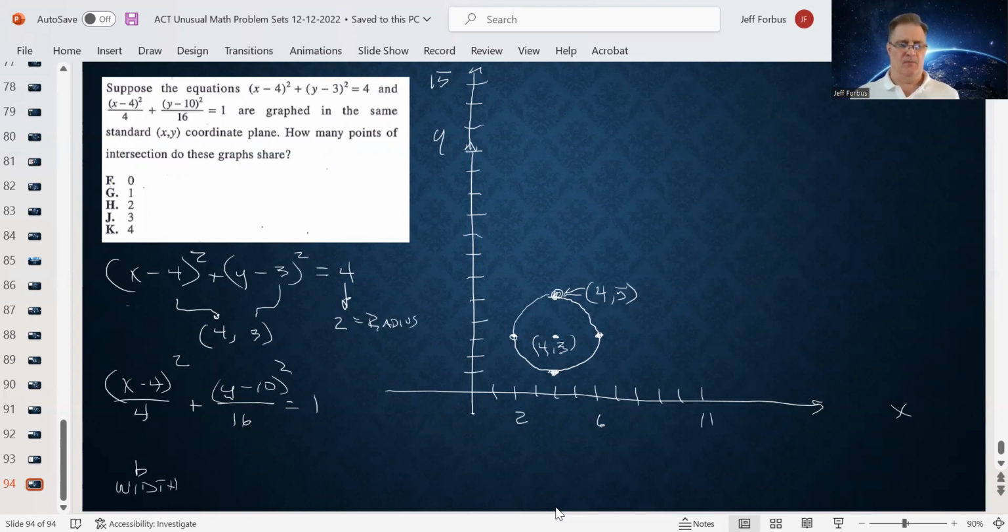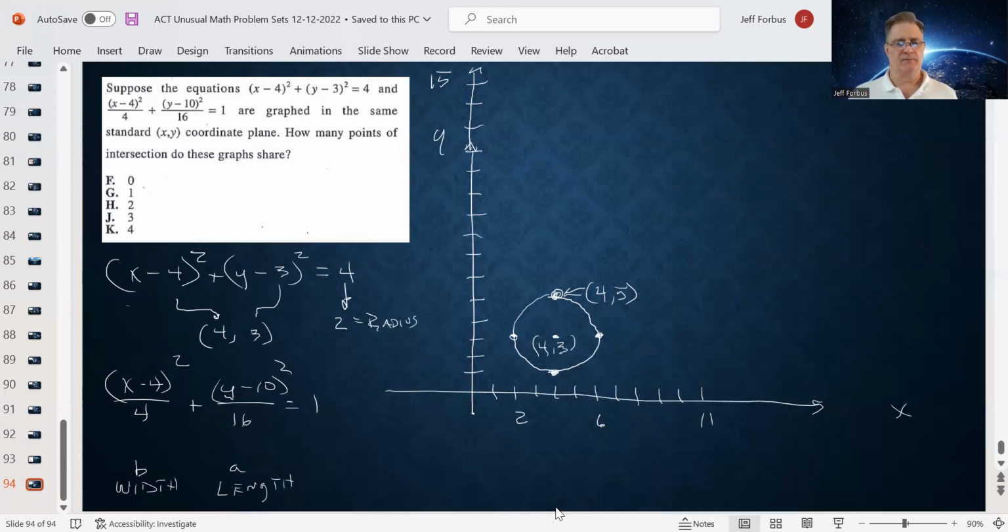So that's your a value, and that's going to be associated with your length or your stretch of the ellipse. So we're going to use the square root of 16 in just a second.